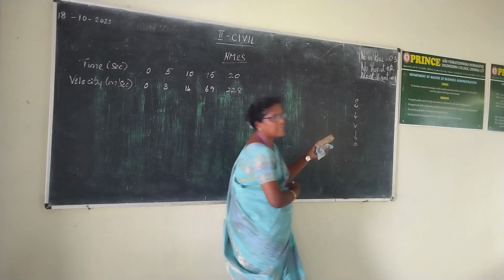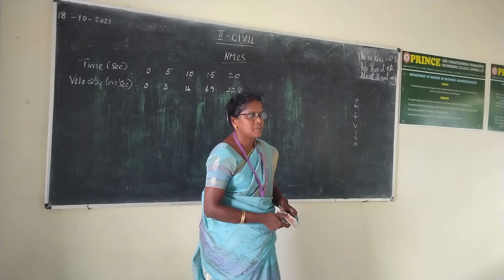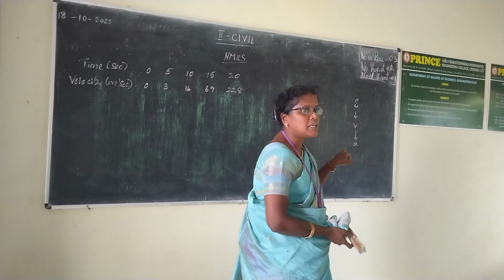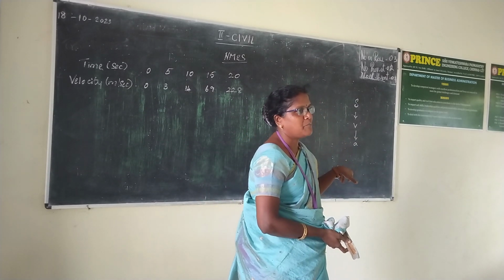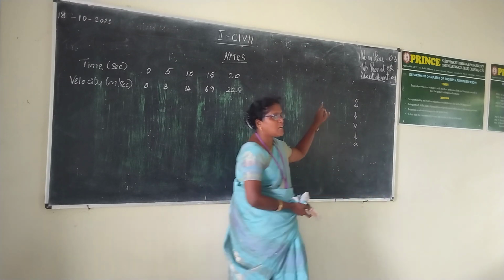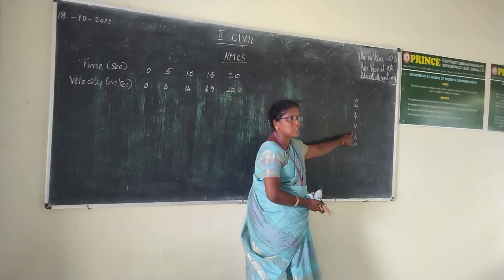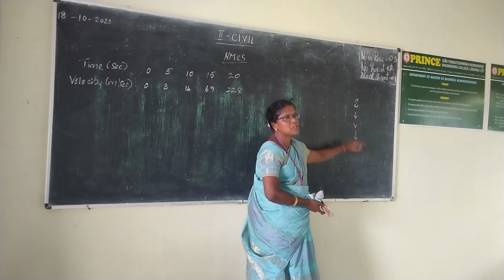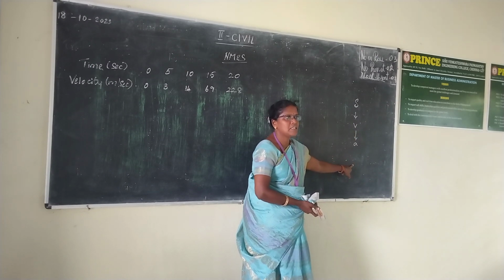S can indicate a speed or a displacement, V is for velocity and A is for acceleration. So the rate of change of displacement will give you the velocity, and the rate of change of velocity will give you the acceleration. It is related like this.